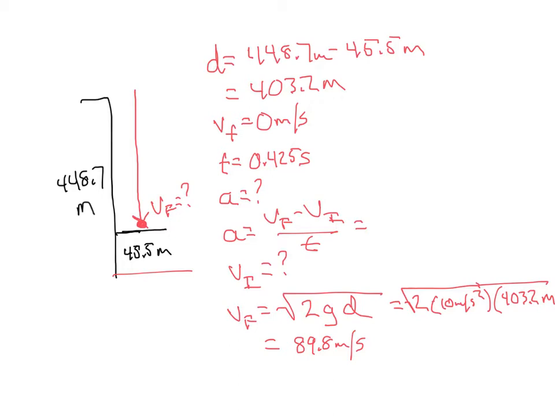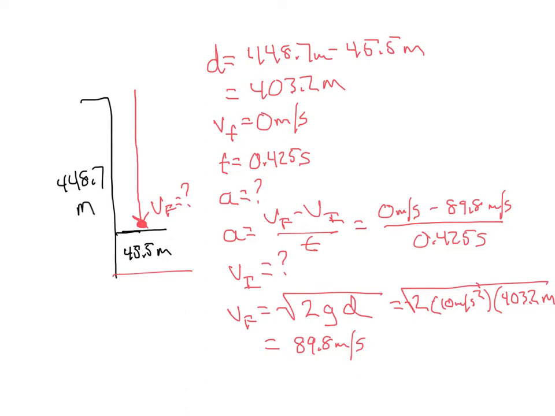It turns out that that switches to my initial velocity at impact. The final velocity after impact is 0. The penny is not moving once it hits the pigeon. The initial velocity the penny was moving at is 89.8. The time of the collision is 0.425 seconds.